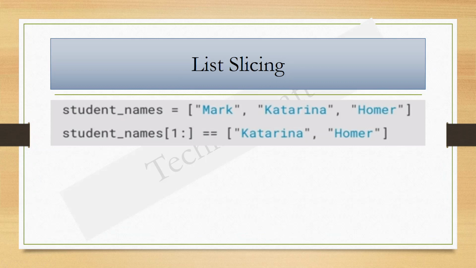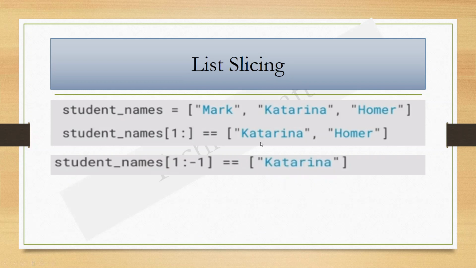Now remember how earlier we said that we can use negative indices to get the last element in our list. Similarly, here we can use something like this. If you write student_names[1:-1], we have just ignored our first and our last element in the list and printed the rest of them.